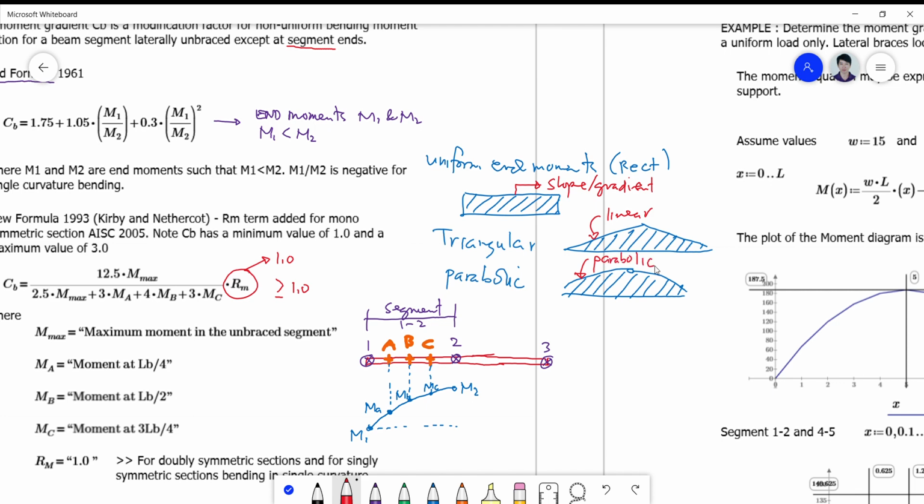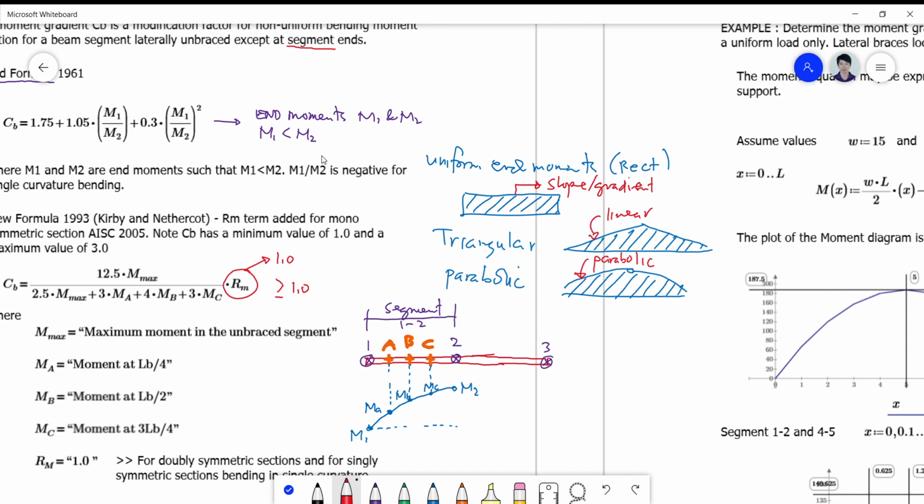Okay, something like this. So it will depend on how the moment diagram varies to account for the effect of the modification factor on your beam capacity. Okay, so dyan nagkakaiba-iba yan.